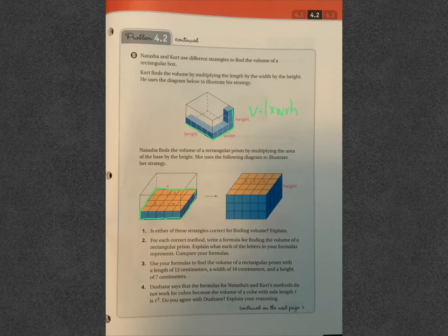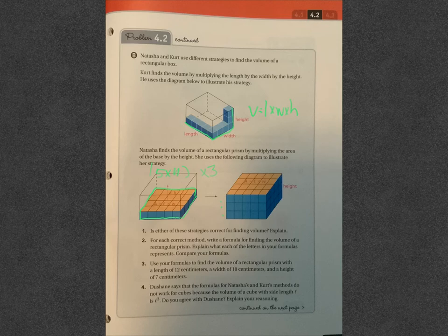And she's finding essentially the area of that one side, right? So she finds that it's 1, 2, 3, 4, 5 times 1, 2, 3, 4, 5 times 4. And then she takes that and then multiplies it by the number of layers.